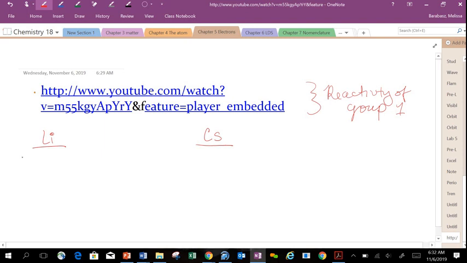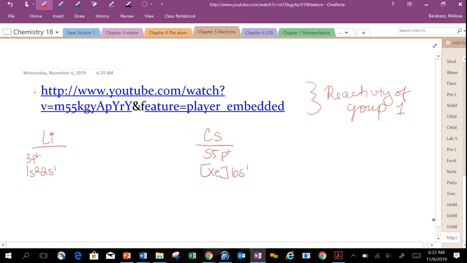Lithium, we know, has 3 protons, and it has a configuration of 1s2 2s1. Cesium has 55 protons, and its electron configuration is xenon 6s1.